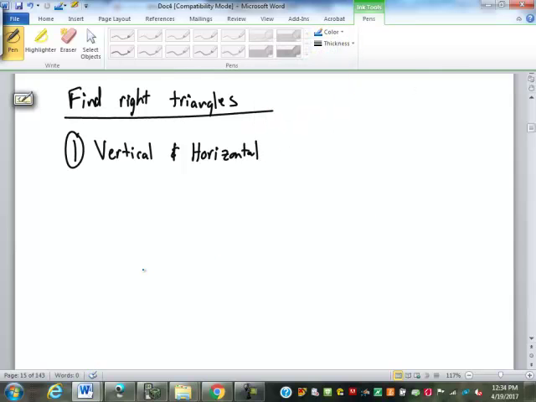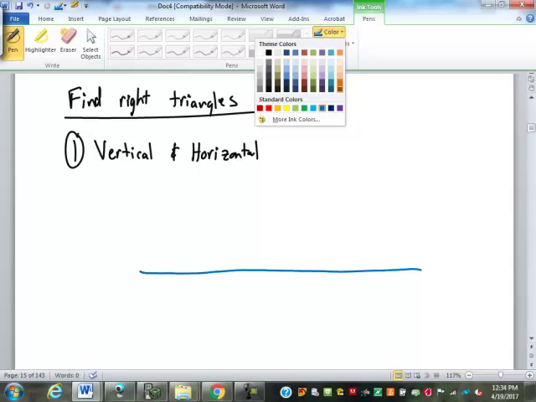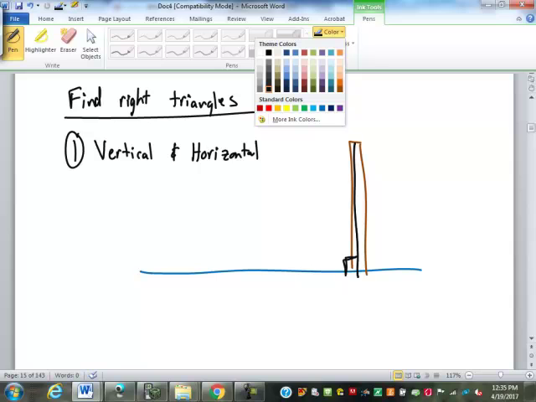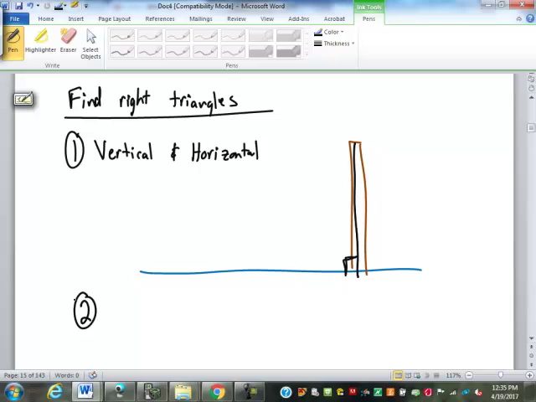For example, if we're looking at the ground, which hopefully is mostly horizontal, and a pole that, if done correctly, should be vertical, we can create a right angle between those two.